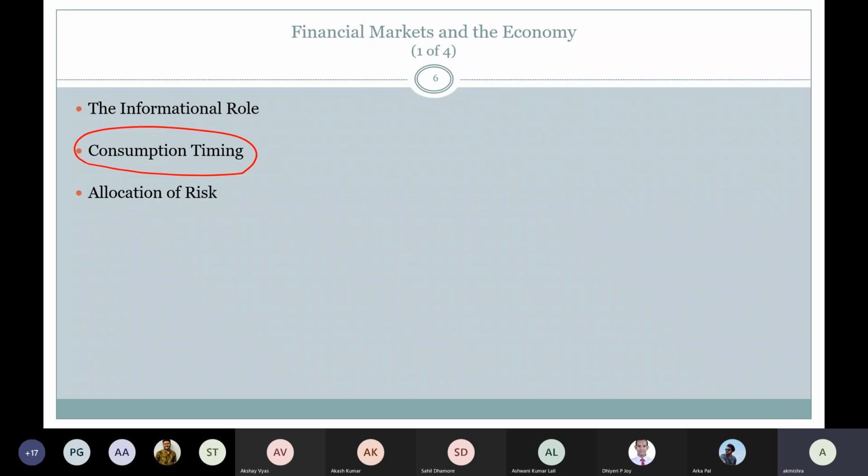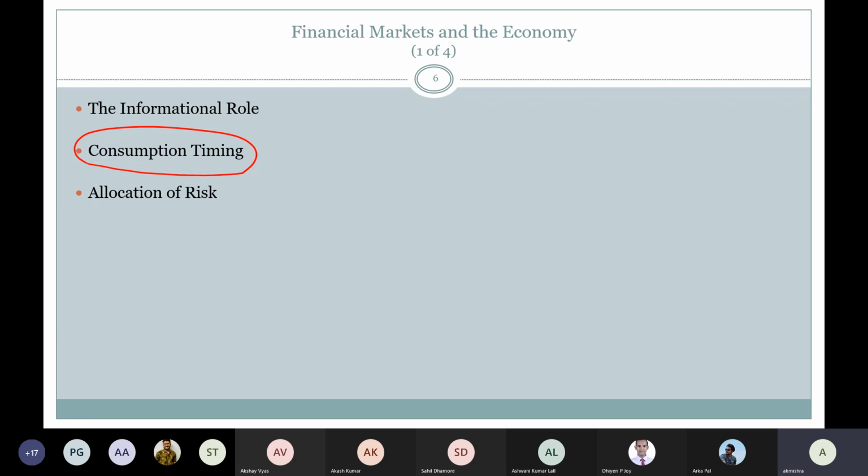If I link aging with saving, you will find that as we get older, we try to save more. If you relate age group with saving, you will find that between 40 and 50, most people prefer to save, they consume less and prefer to save. So what exactly is happening? Unless people save, it cannot be invested.